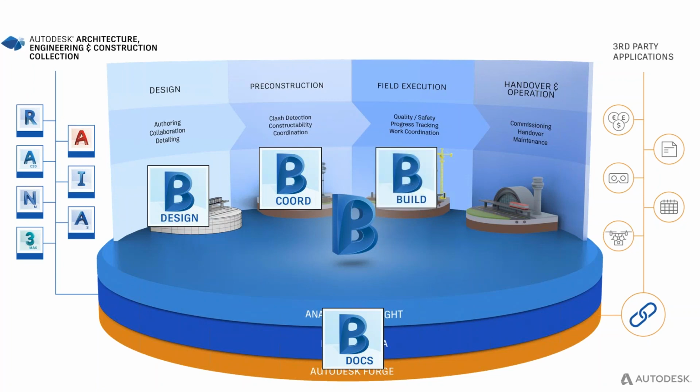Then we have BIM 360 Build, and from this module I showed you, for example, field inspection, the workflow where you create a checklist, assign it to somebody, and then somebody fills it in. Also this request for information is part of BIM 360 Build. And then for handover and operation, it is BIM 360 Docs.